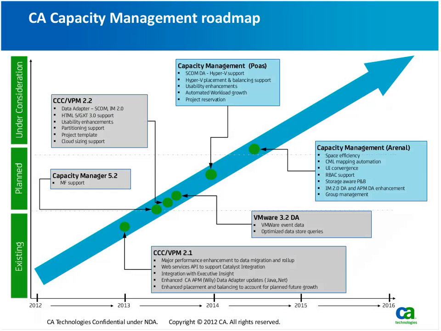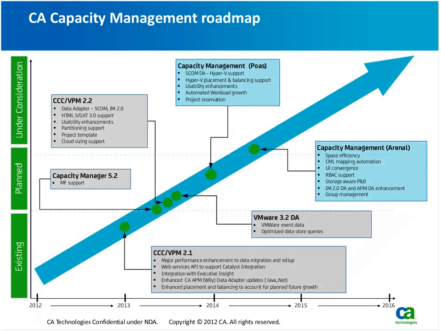The CCC 2.2 release, which we just talked about, was GA'd around the June timeframe. Right after that, we introduced a smaller update to the VMware Solution Kit data adapter. We added the VMware event data and optimized some of the data store queries. So that data adapter should be available on the CA support website already. I think we released that three weeks ago, maybe.